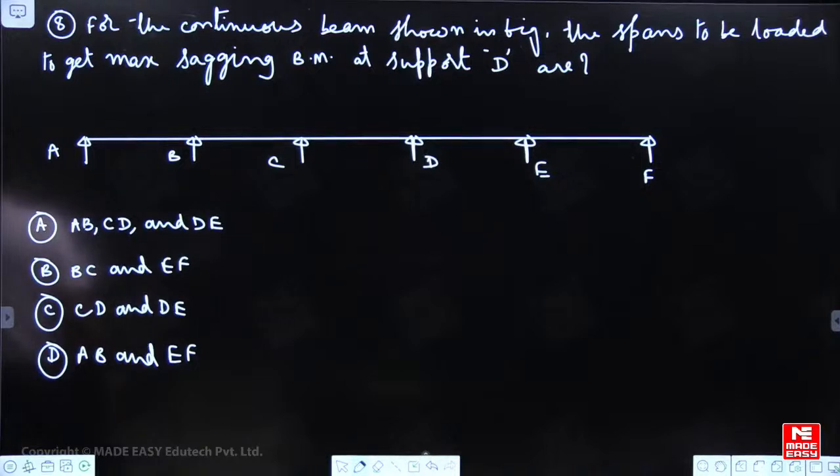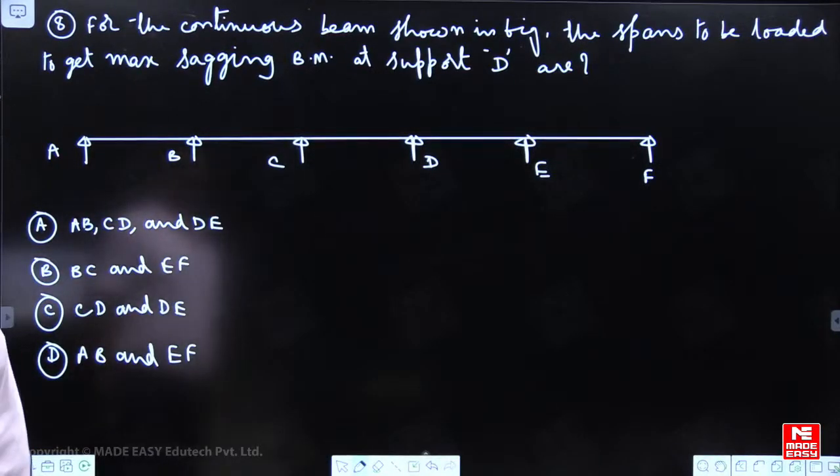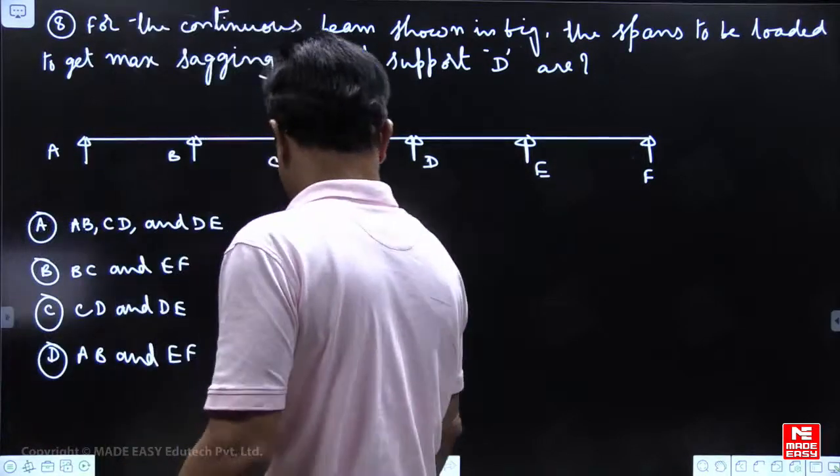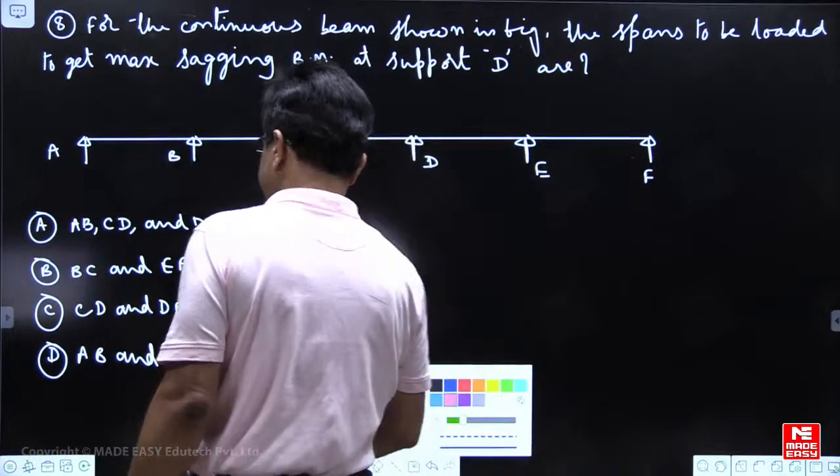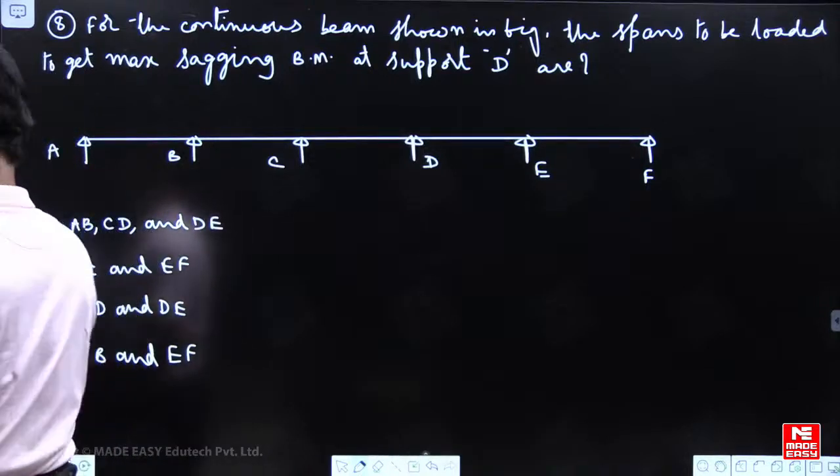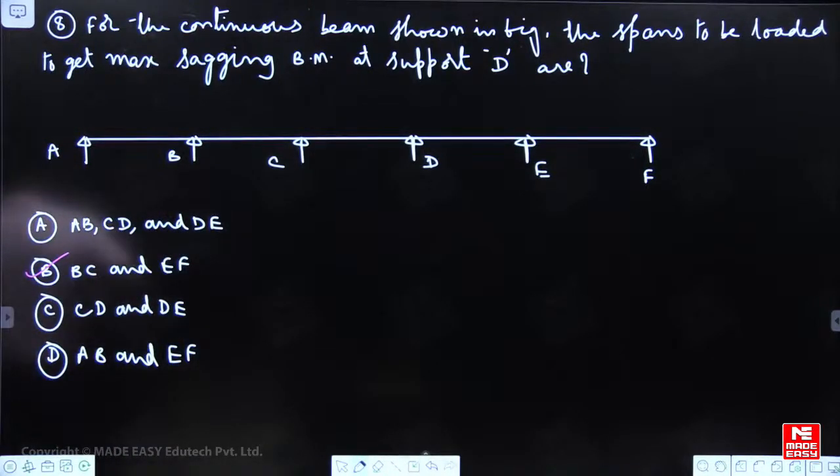What is the answer? BCEF. BC and EF, correct? BC and EF is correct. So B is the correct option.